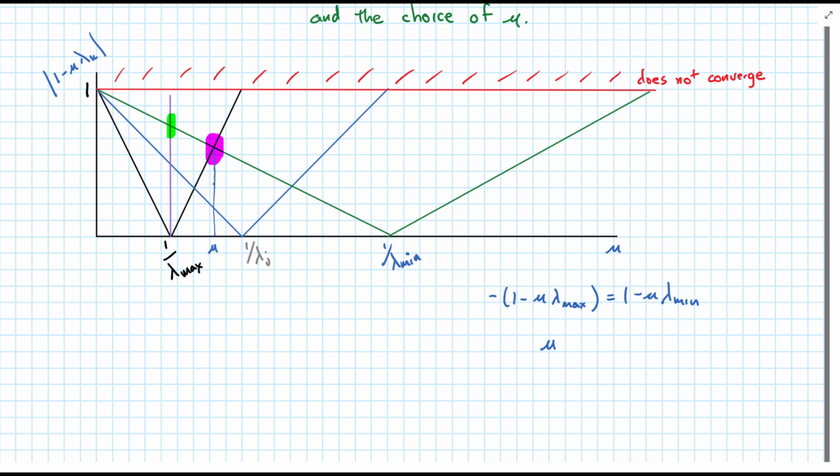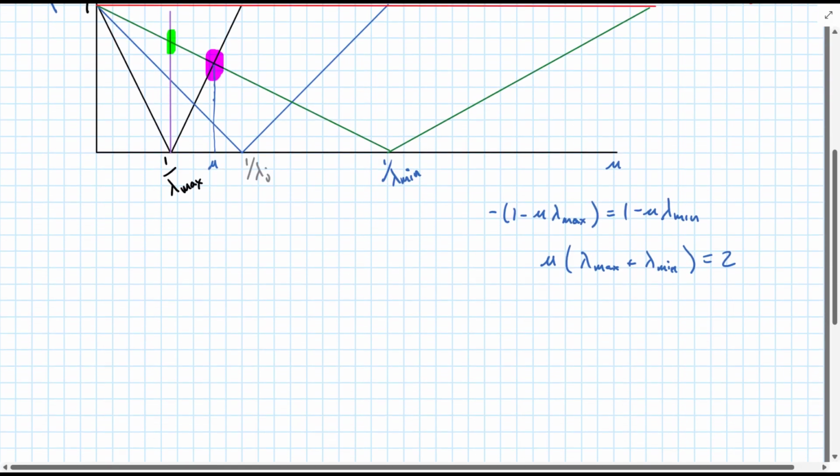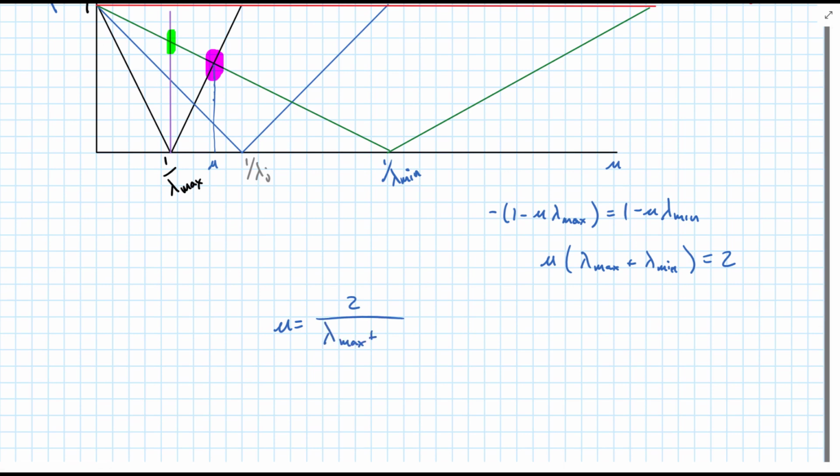We can now solve for mu: mu times lambda max plus lambda min is equal to positive 2. So for fastest convergence, we have mu is equal to 2 over lambda max plus lambda min.